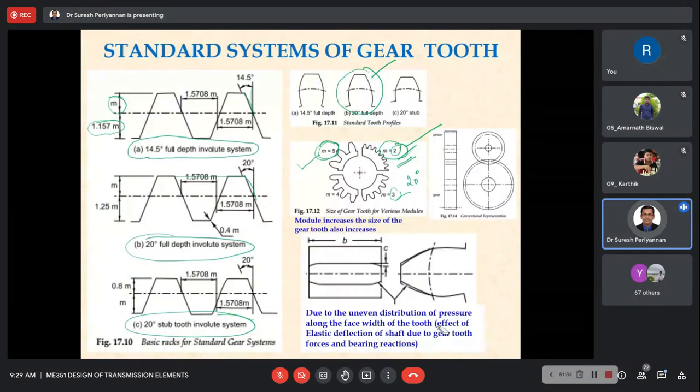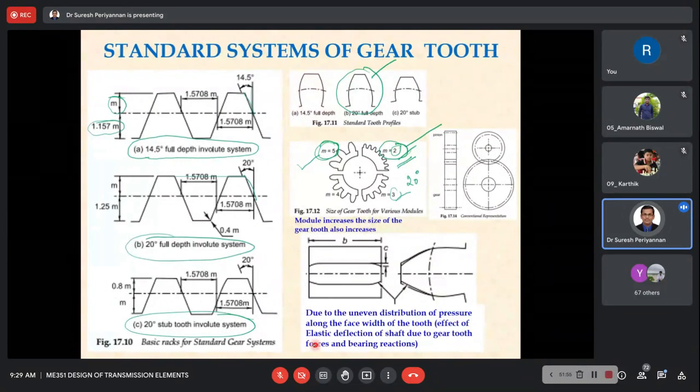Another reason for uneven distribution of pressure along the face width is the effect of elastic deflection of the shaft due to the gear tooth force and bearing reactions.